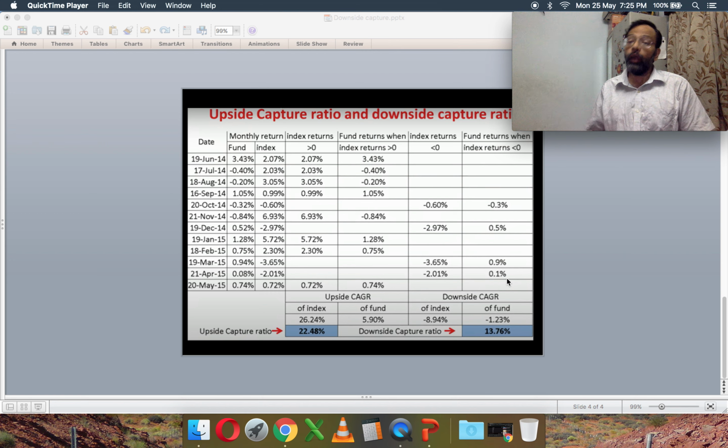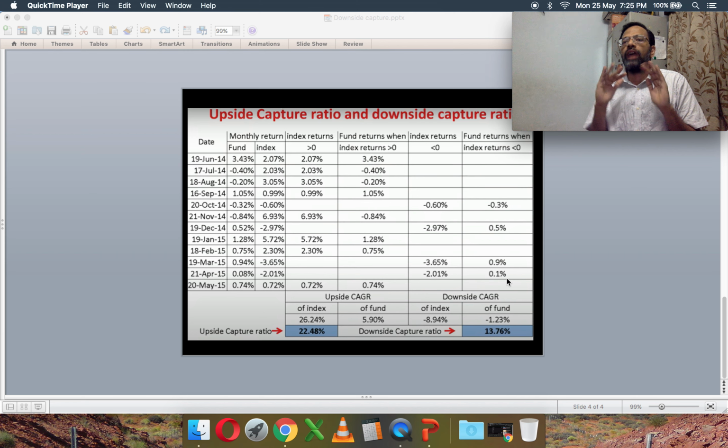And what I do in my fund screener is I calculate the downside capture ratio for every possible 1 year period, 2 year period, 3 year period, 4 year period, 5 year period from the last business date when I publish the screener to January 1st, 2013 for direct plans. So out of these, let's say I have 100 downside capture data points for a particular duration, let's say 1 year.